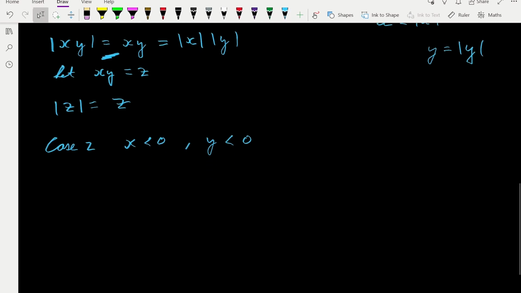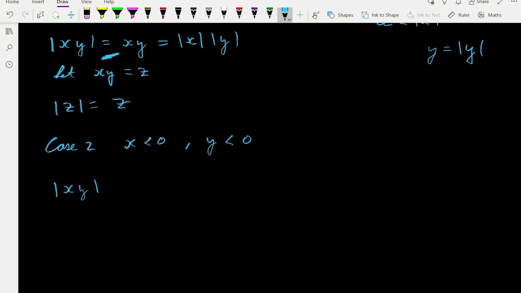Moving on to case 2. So this is when x is less than 0 and y is less than 0. Notice that in this case, the absolute value of x times y, well, forgetting about the absolute value bars for a second, just x times y is going to be something positive, because you're going to have a negative times a negative inside those absolute value bars.